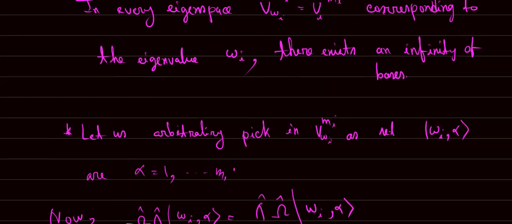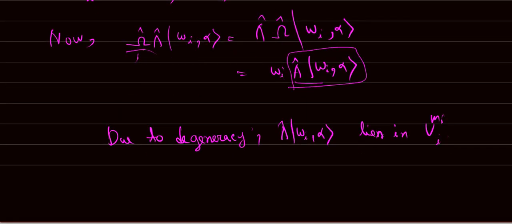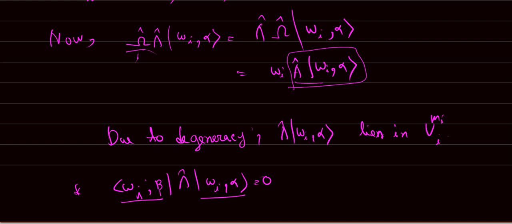That subspace is given by this. If we take this inner product, we will find out it will be 0 because this eigenspace and this eigenspace are orthogonal to each other. We know different eigenspaces are orthogonal to each other.